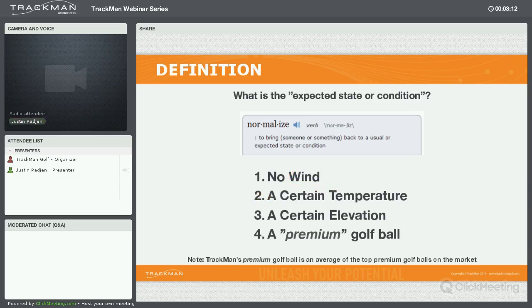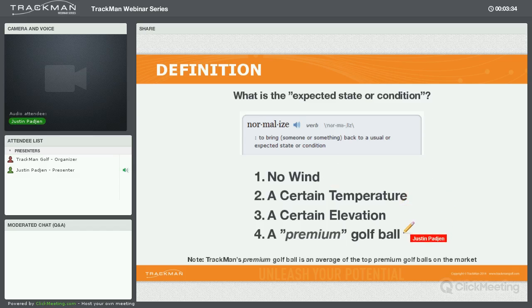Normalization always assumes calm conditions. When you have normalized turned on, it's always going to show you that ball flight as if there was no wind. There's a certain temperature involved, which you can set on your own, as well as a certain elevation that you can set.